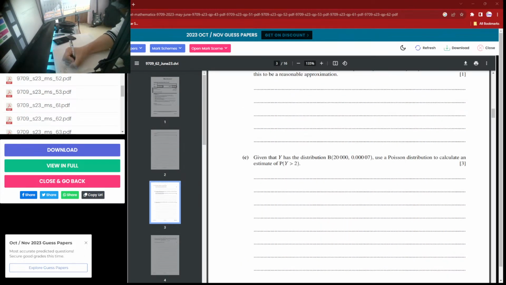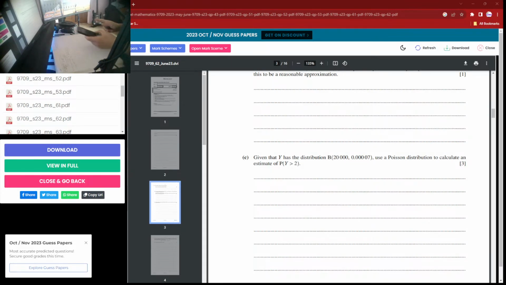Okay, C. Given that Y has the distribution B(20000, 0.00007), use a Poisson distribution to calculate an estimate of P(Y is more than 2). Okay, so our mean will be equal to np, which is 20000 times 0.00007, that's 4 zeros, and you will get 1.4.